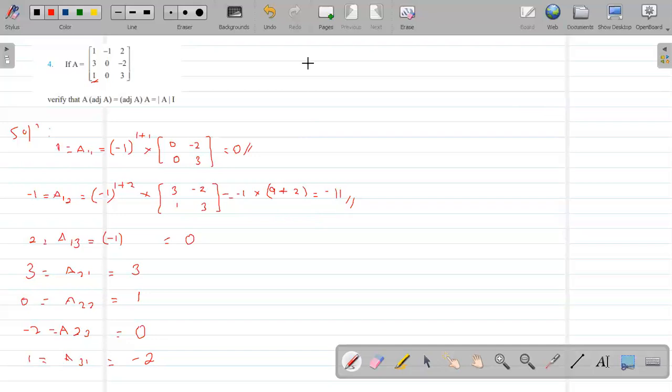And similarly, what about the 0 part? This वाला 0. -1. अच्छा, 0 की बात कर रहे हैं. थर्ड रो, सेकंड कॉलम. Okay, -1. And the last part is 3. Third row, third column.